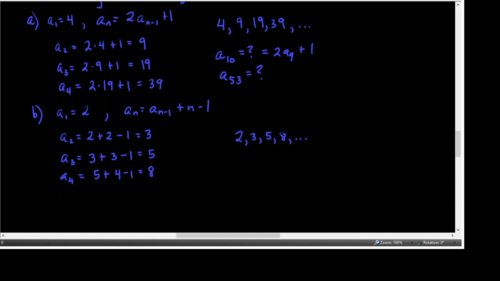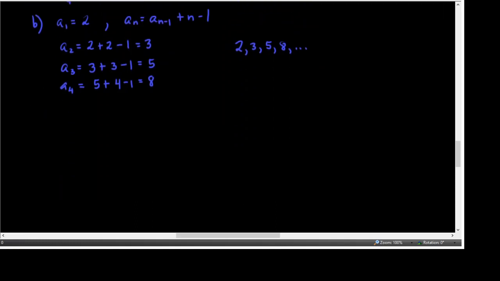All right. So now going on to modeling insect population growth. We're told that the winter moth population in thousands per acre in year n is modeled by this recursive formula. A sub 1 is 1.